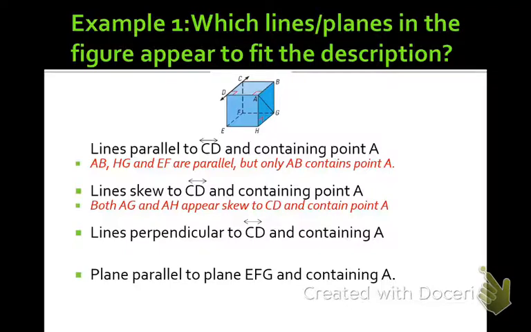Lines perpendicular to CD containing A. Look for our box symbol, right? Yes, DA. Segment DA is correct. Or AD. It appears perpendicular and contains point A.